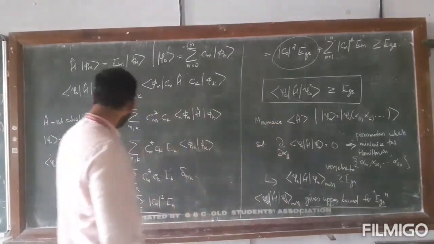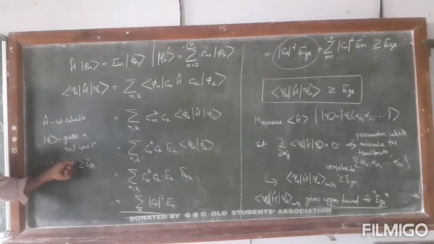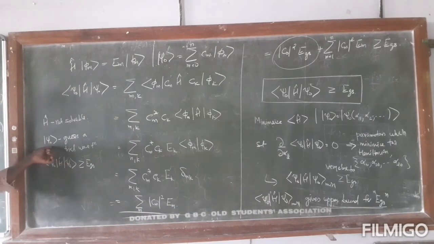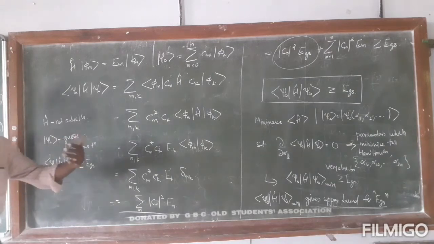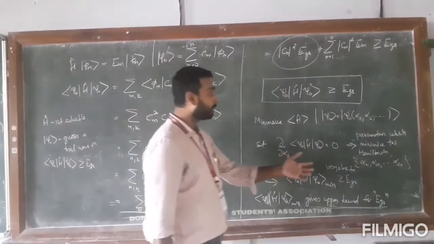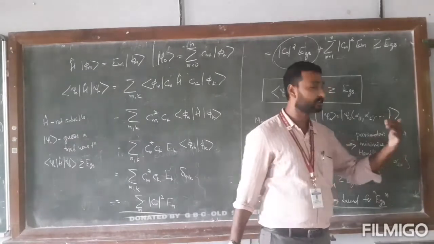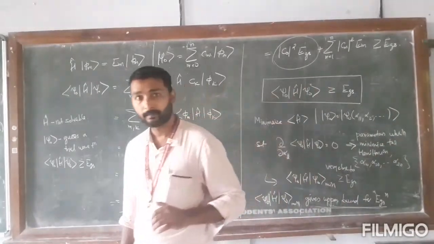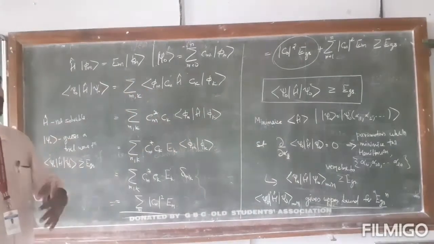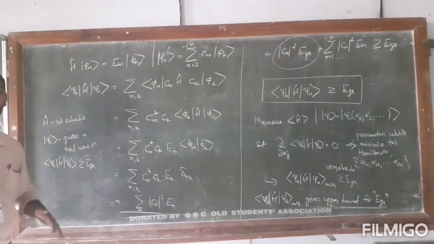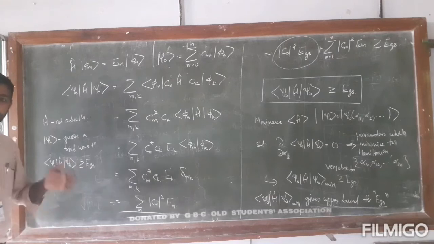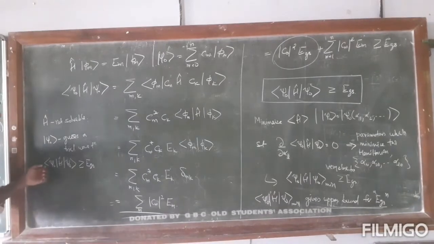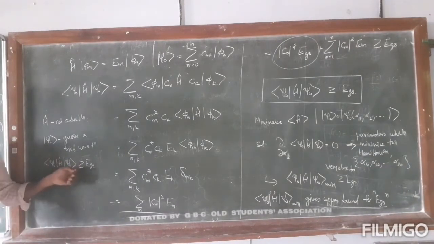Okay, then we minimize this expectation value. And how will you minimize it? Because this trial wave function obviously depends upon certain parameters. I have just put the trial wave function parameters as alpha 1, alpha 2, alpha 3, etc. Then we have to find the parameter values of the wave function in such a way that we minimize this expectation value.